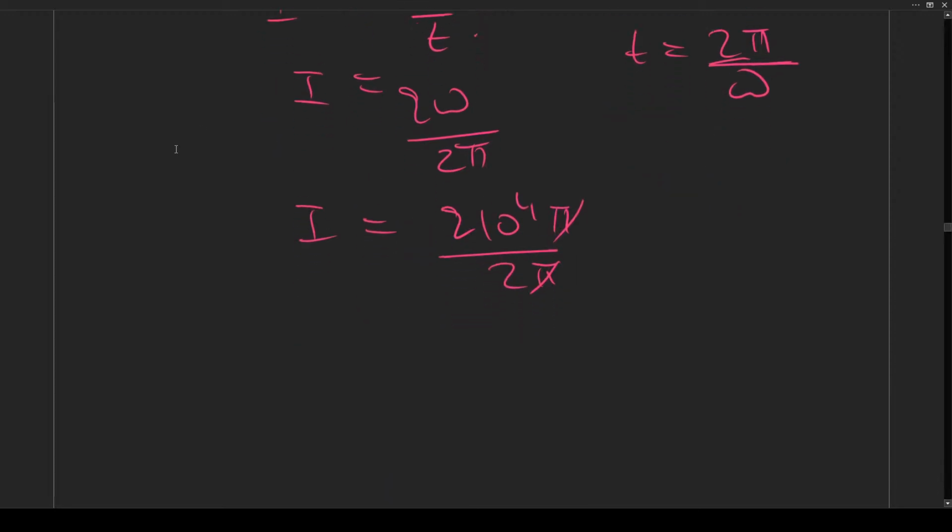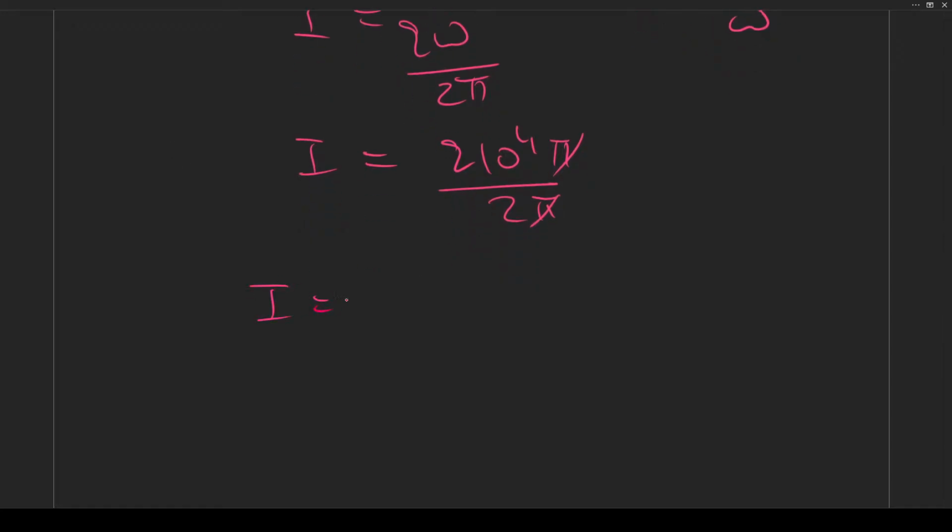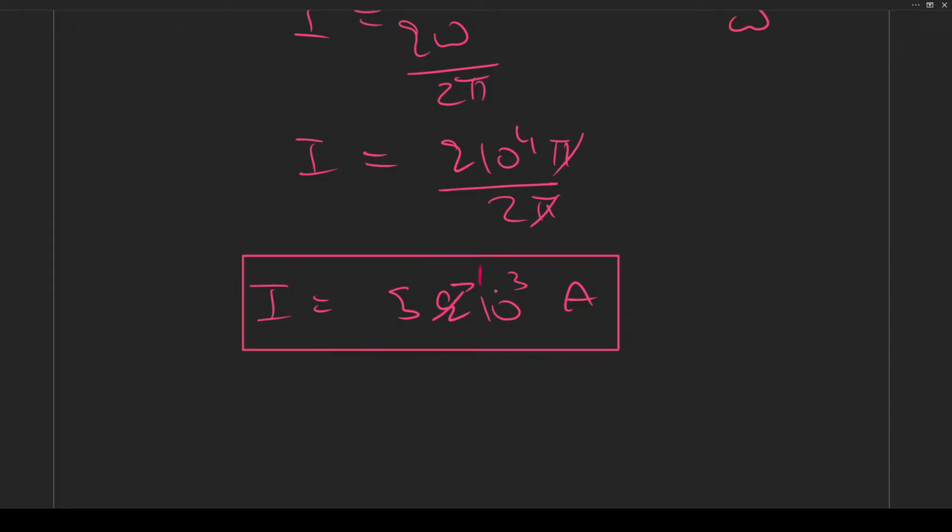Pi cancels, we get I equals 5 q 10 power 3 ampere, and charge is 1 coulomb, so it is 5 into 10 power 3 ampere.